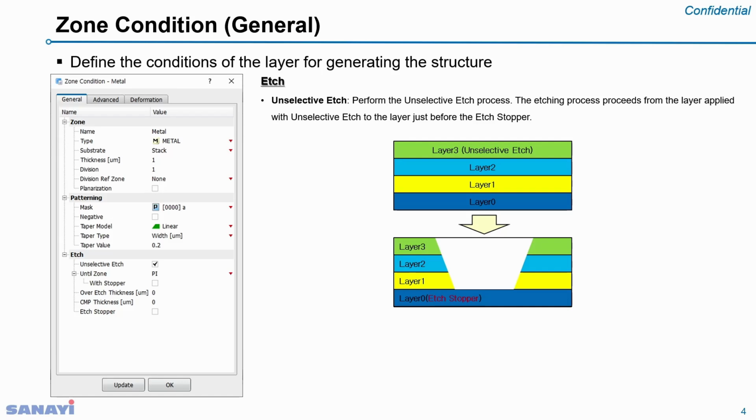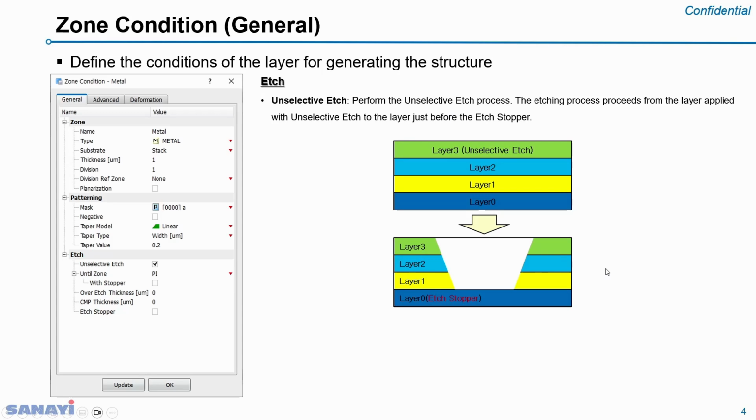Unselective etch means that the etching process starts from that layer. Then, etching proceeds until just before the layer for which the etch stopper is checked. To clarify the concept of the two functions, let's look at the following example.